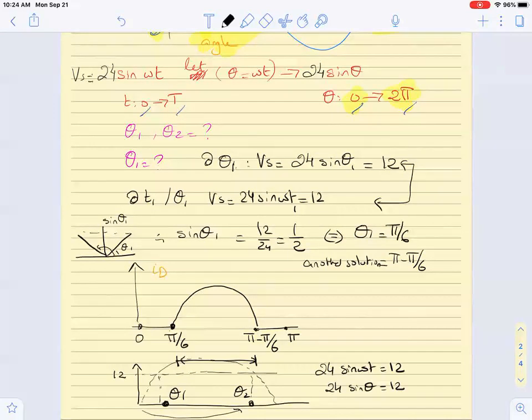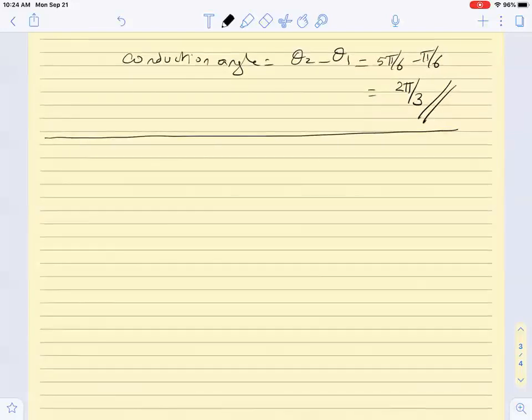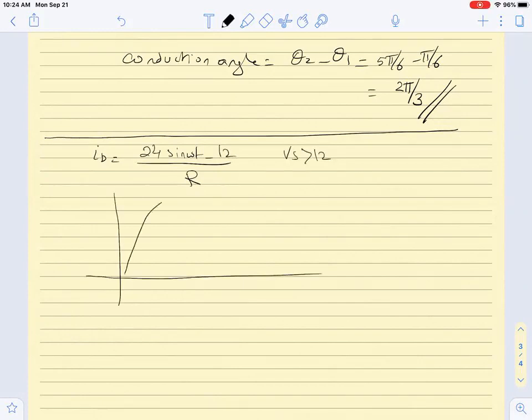Doctor, you are drawing ID, do you know the amplitude? How do we find the amplitude for ID? Now we are talking about the peak current. What is the peak current for ID? ID is equal to Vs minus 12 over R, exactly 24 sin omega t minus 12 over R, right? When Vs is greater than 12 and we draw Vs, where is the peak ID?